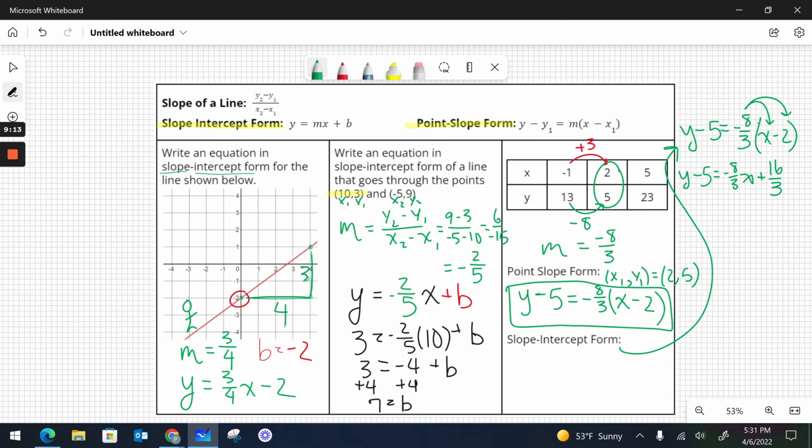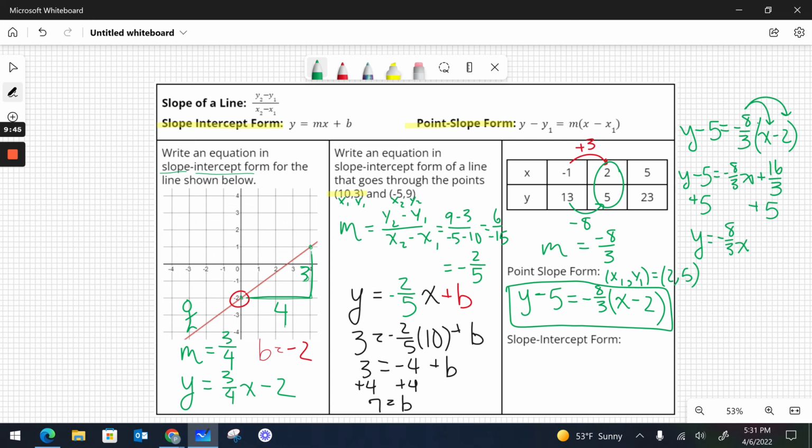Then to get this into slope-intercept form, I need y all by itself. But right now y is being subtracted with 5, so I'm going to undo the minus 5. So add 5 to both sides. So y is equal to negative 8 thirds x, and then 16 thirds plus 5. You can use your calculators for that.